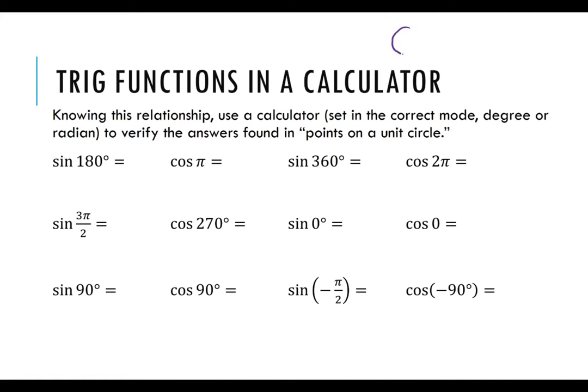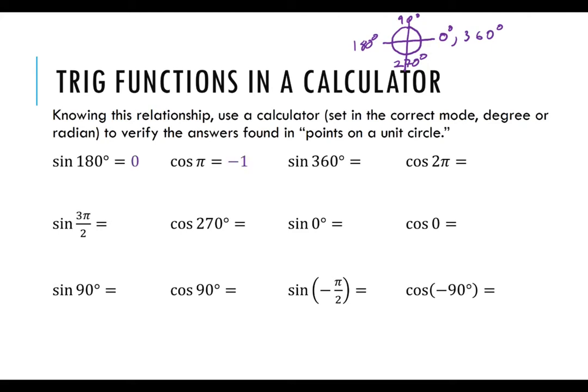If you want to do them from memory, you have 0 degrees, which is also 360 degrees, 90 degrees, 180 degrees, 270 degrees, and that gives you the ordered pairs 1, 0; 0, 1; negative 1, 0; 0, negative 1.